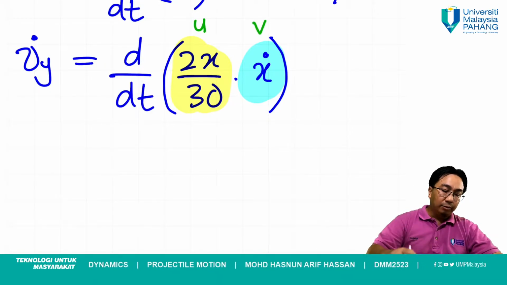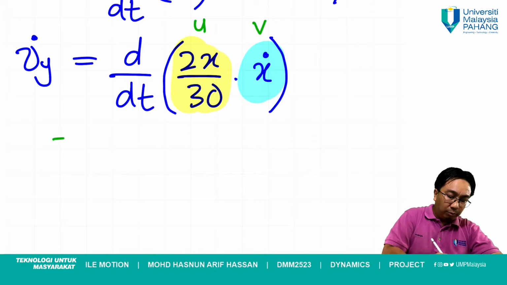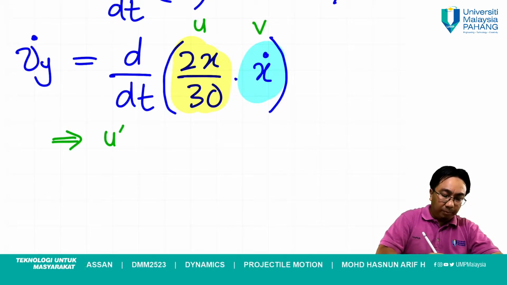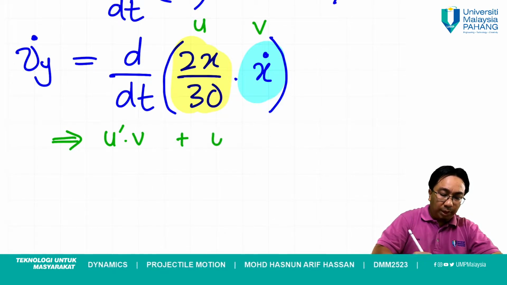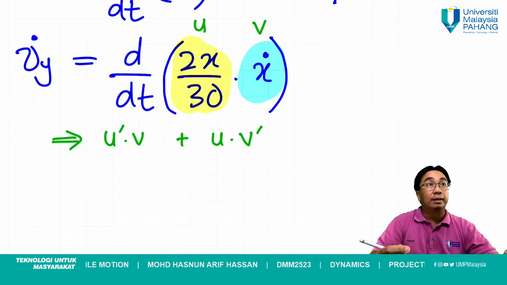Okay, so the differentiation of this will be equal to u prime times v plus u times v prime. Okay, prime here means differentiation.